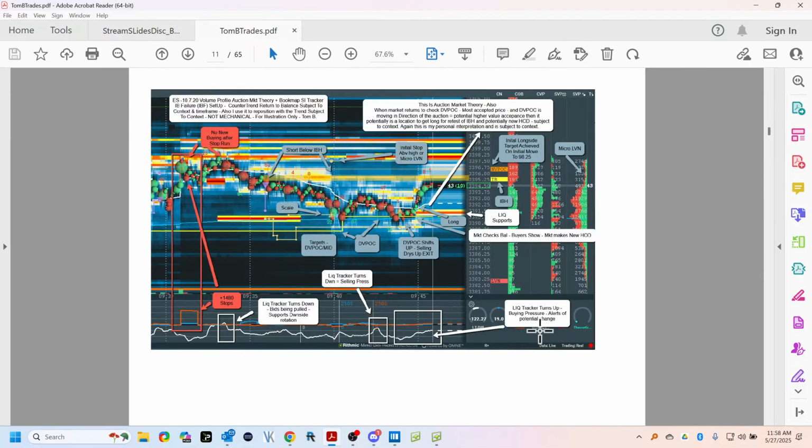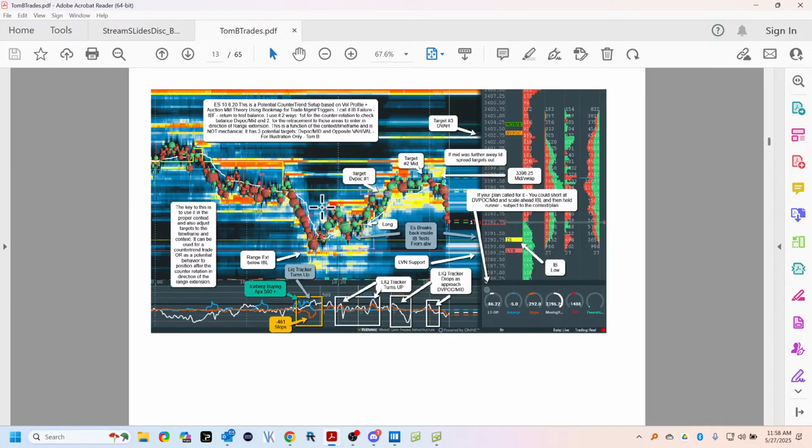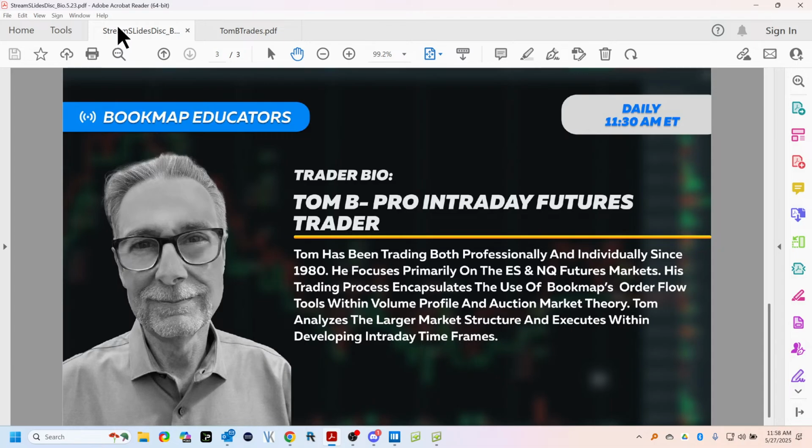Some of these are actual trades and others are just screenshots. So you can kind of see some of these. And some of this is experimental stuff. I was working with Bookmap developers back then on some ideas. Most of that gets thrown in the wastebasket. Some of them are incorporated into add-ons. That's part of the thrill of research.